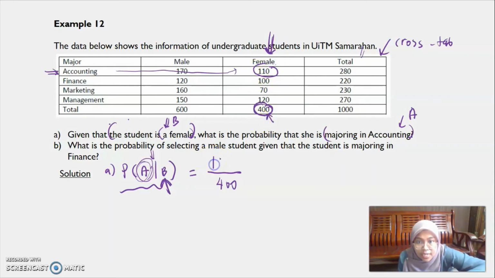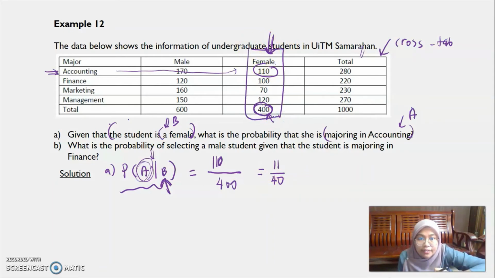The probability is 110 over 400, and we can simplify this fraction to 11 over 40. So this is the probability of a student majoring in accounting, given that the student is a female.